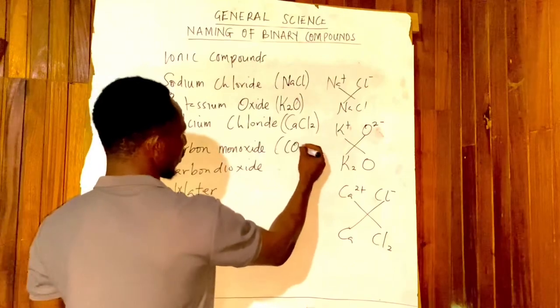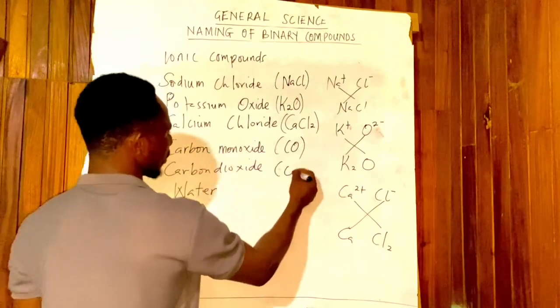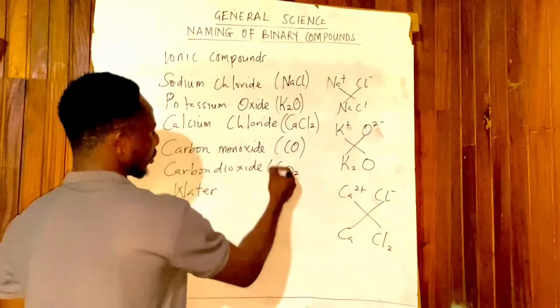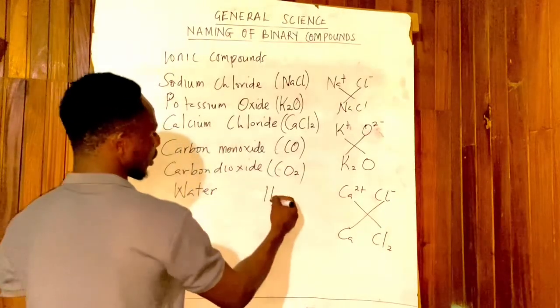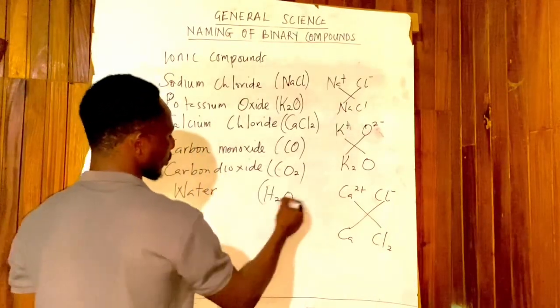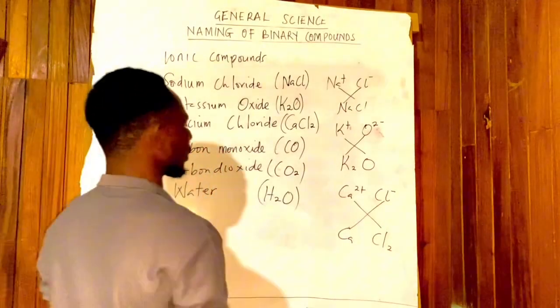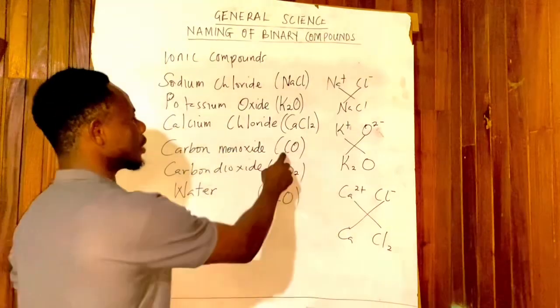So we have CO, CO2, and H2O for dihydrogen monoxide.